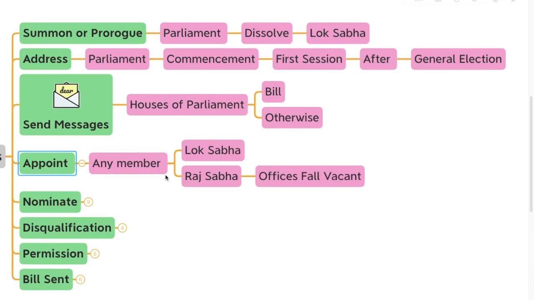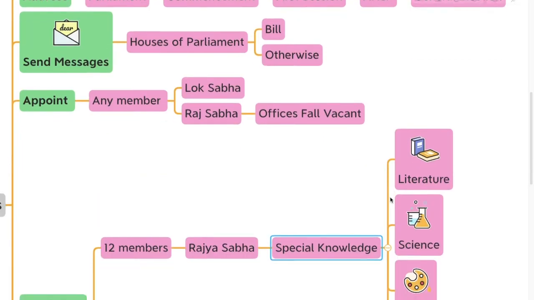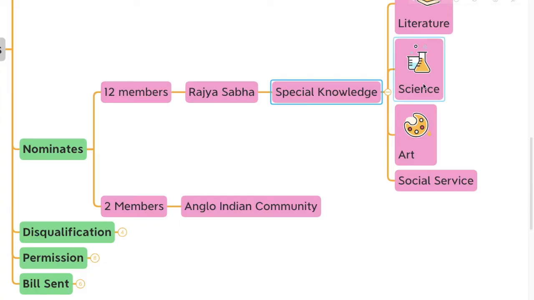He can appoint any member of the Lok Sabha or Rajya Sabha to preside over its proceedings when the offices of both the Speaker and the Deputy Speaker, in reference to the Lok Sabha, and the Chairman and the Deputy Chairman of the Rajya Sabha, fall vacant. He nominates 12 members of the Rajya Sabha, members having special knowledge in the field of literature, science, art and social service.